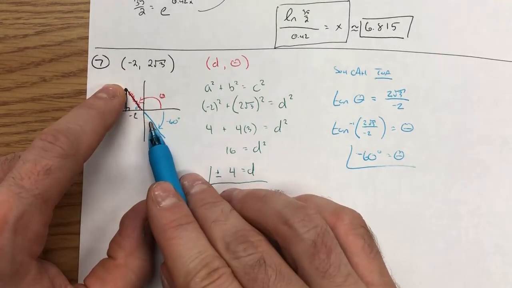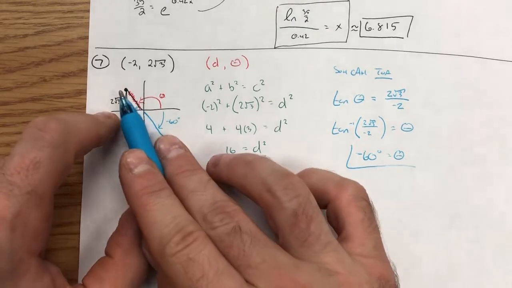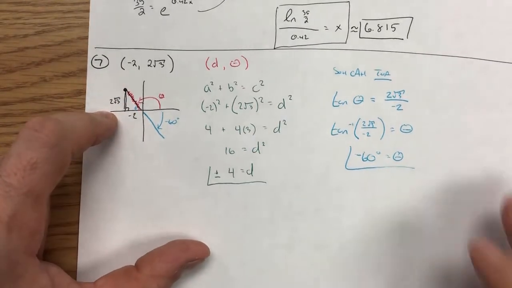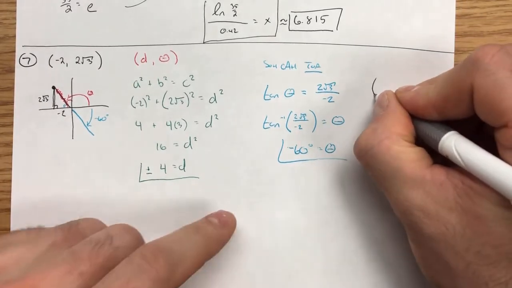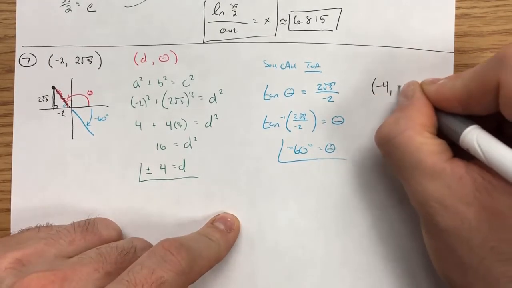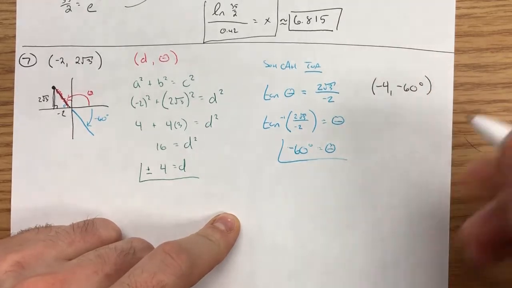So I can still go negative 60 degrees, but negative distance. So one possible polar coordinate is a distance of negative 4 with negative 60 degrees.